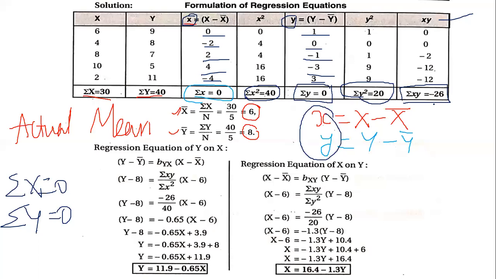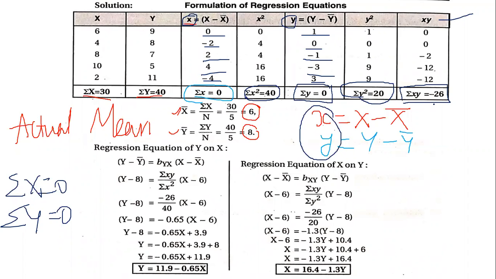Okay. Then x square and y square have to be found out. Small x square, that is deviation square of x, and deviation square of y should be found. And finally, multiply the deviation of x and deviation of y. So when you do this, you'll complete the table calculation.